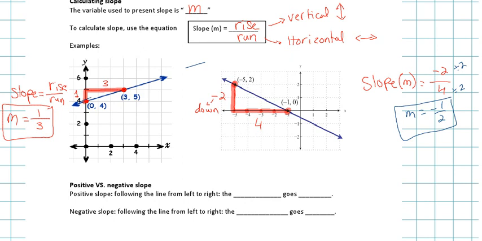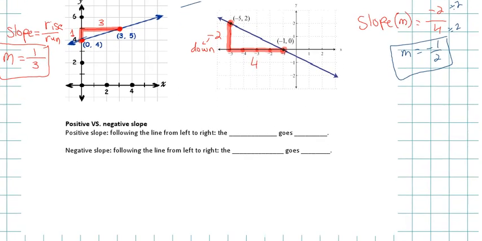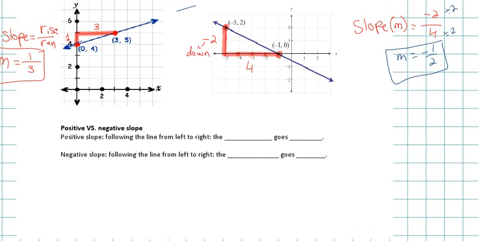So, positive slope: following the line from the left to the right, the rise goes up. Okay? So if I follow the line from left to right, I am rising. I'm going up.